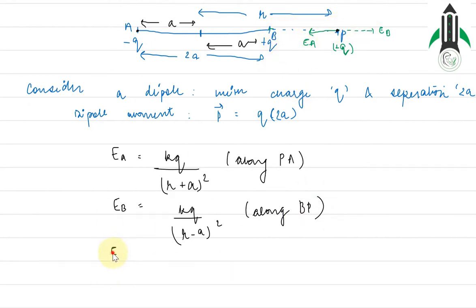So to find the net electric field, we'll subtract EA from EB. So it is equal to kq upon (r minus a) square minus kq upon (r plus a) square.